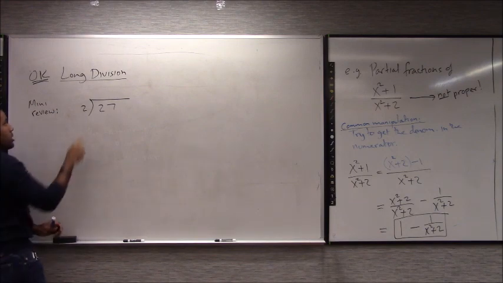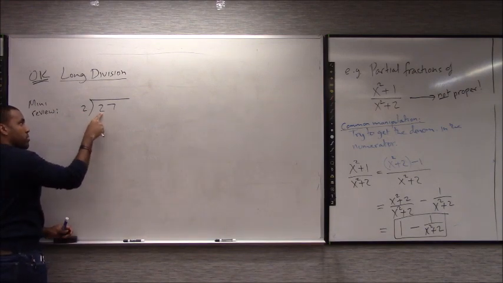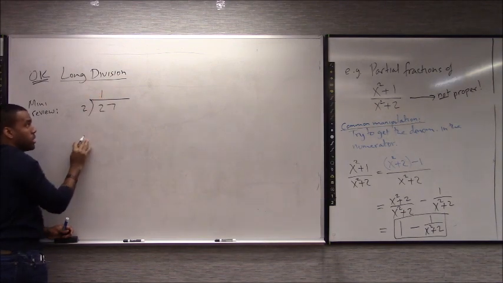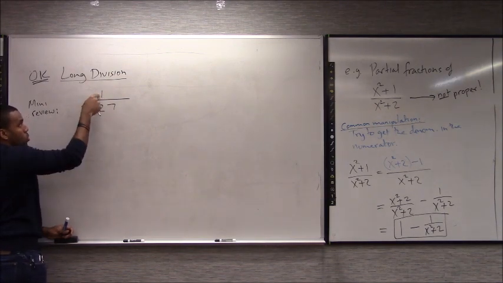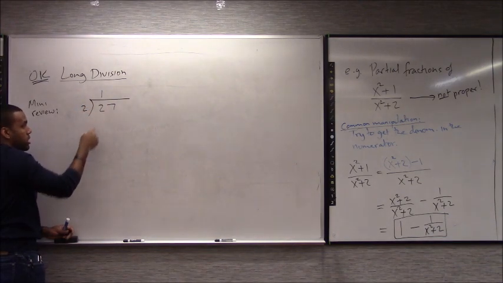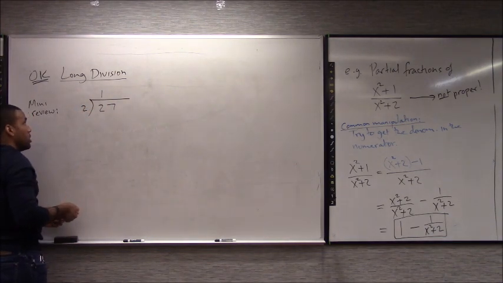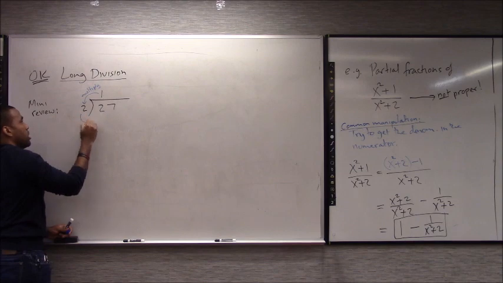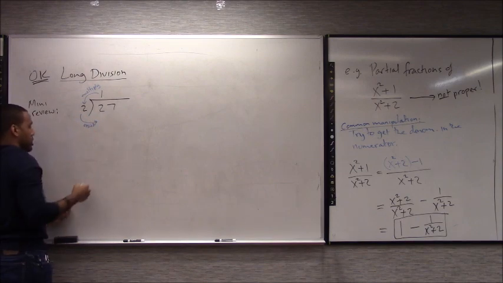Well, you try to divide this into the first guy. Remind you guys how to divide. You say 2 into 2 goes 1 time, you put the 1 up here. Then you take that 1, multiply it by this 2, and then the result goes underneath.